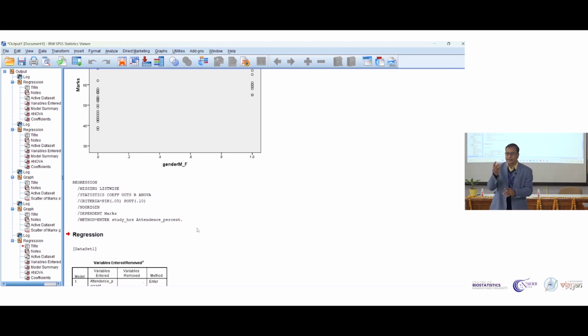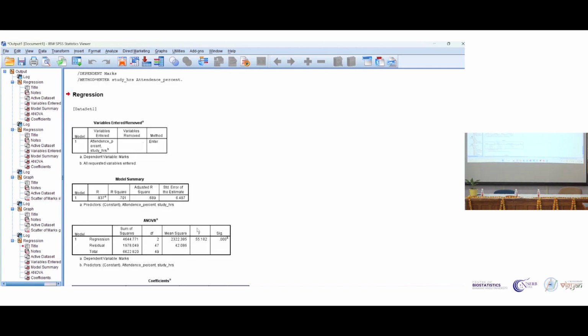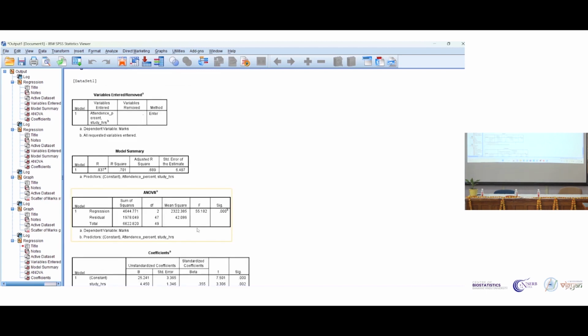And what will be the degree of freedom of residual now? 47. And the total degree of freedom will be again 49 because observations are 50. So now R square is 0.70.